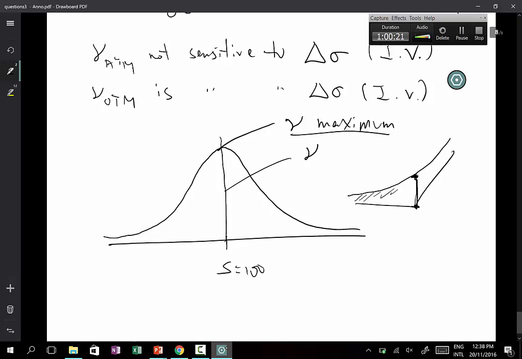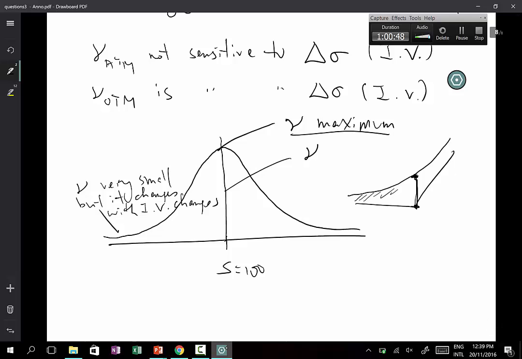Now here, vega is very small, but it changes when implied vol changes. Okay, that's the message that I want to share with you.